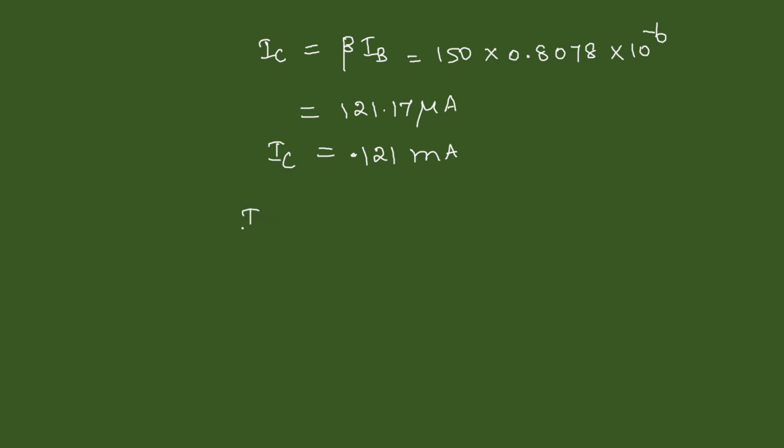Similarly, we know what is IE. IE is equal to the summation of base current and the collector current. So it is equal to 0.8078 microamps plus 121.17 microamps.